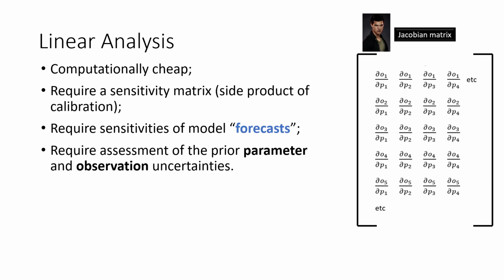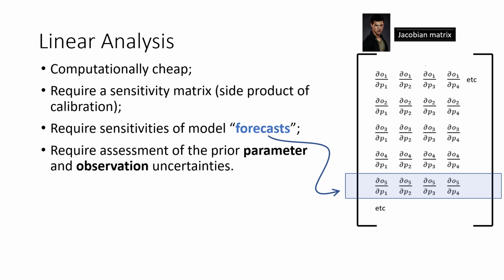There is an important detail in that this matrix must also include sensitivities for the prediction or forecast of interest if predictive uncertainty is being assessed, which is usually the point. What this means is that the model prediction must be included as an observation in the model run whilst filling the Jacobian matrix.